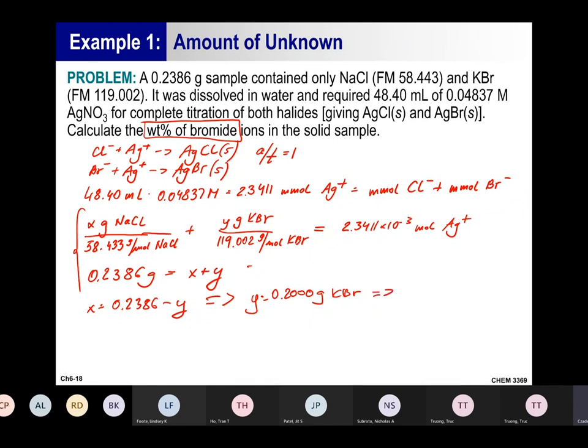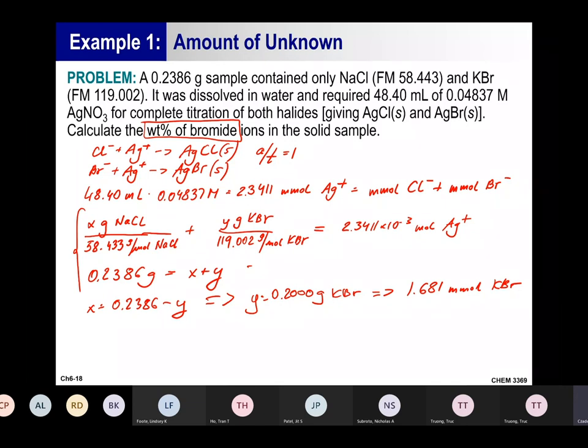So this gives me 1.681 millimole of KBr. Okay, I'm doing this because I need the mass of Br minus, because the weight percent of bromide ions is the mass of Br minus ions divided by the total mass of the sample.